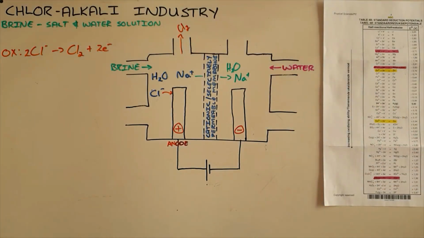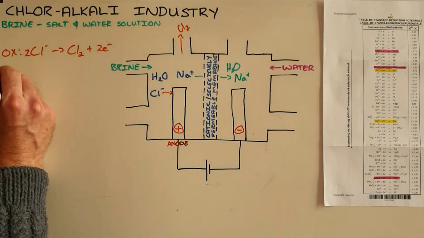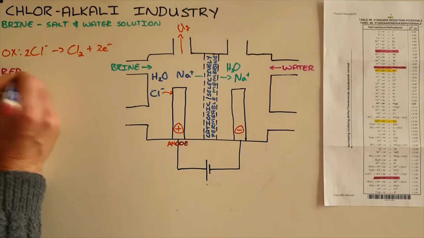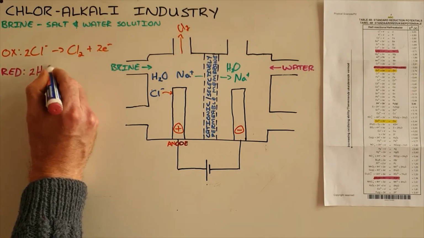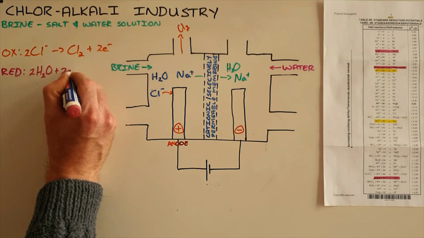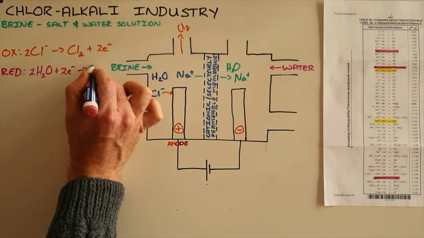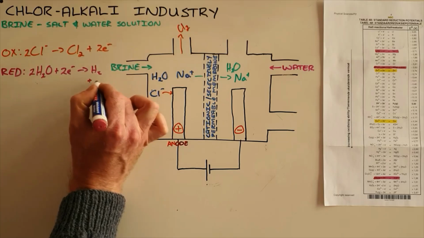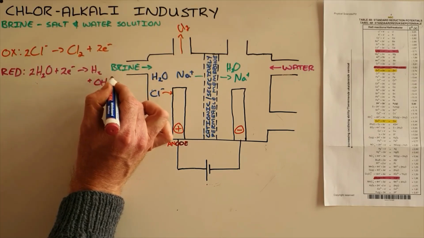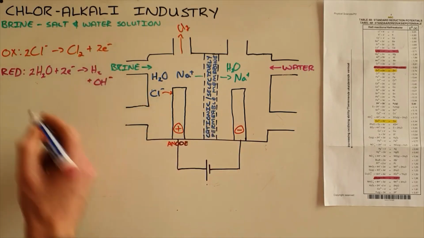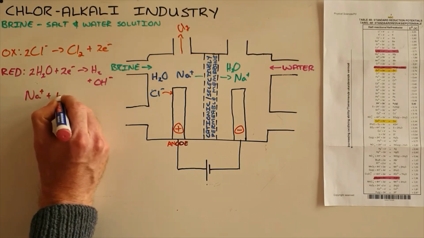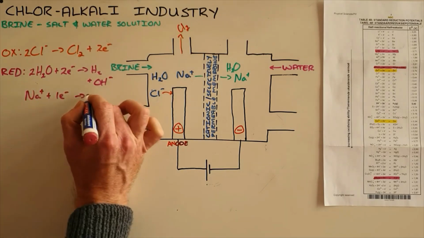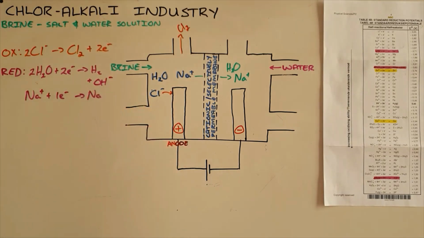Now the problem that we have is that there are 2 possible reduction half reactions here. We know that it is possible for water to undergo reduction: 2H2O plus 2 electrons reacts to form hydrogen gas as well as hydroxide ions. And the other possible reduction reaction is the reduction of sodium ions when they gain an electron to form sodium, the solid.